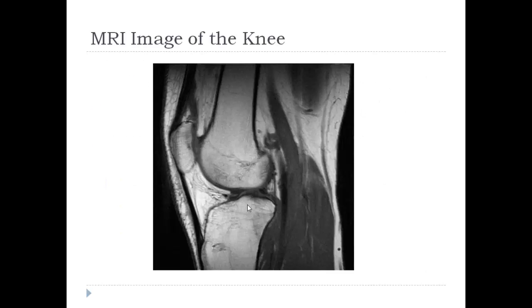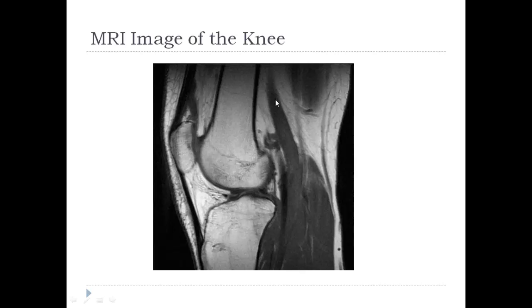Here's an image produced by magnetic resonance imaging, and we can see clear contrast between the different media. The reason we can see clear contrast between the different media is because they emit differing amounts of radiophotons when we bombard the area with radiophotons. And the reason that they emit differing amounts of radiophotons is because they have different amounts of hydrogen in them.